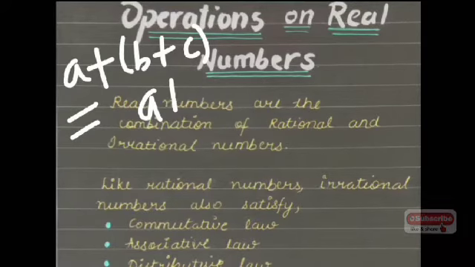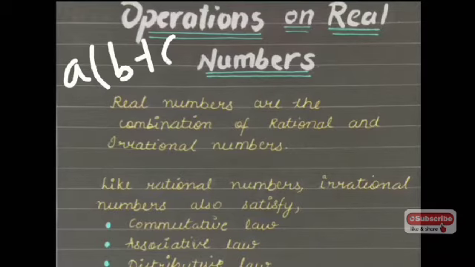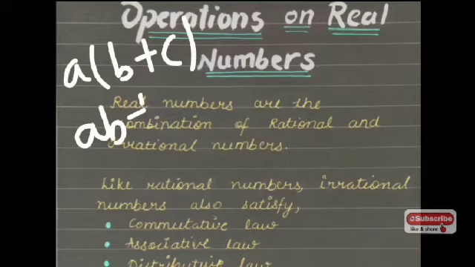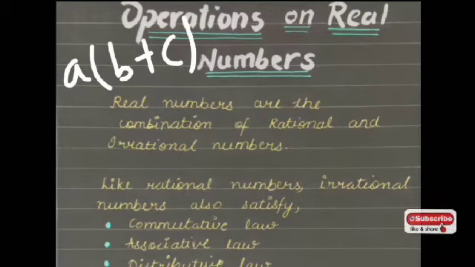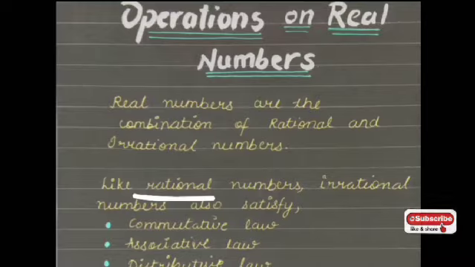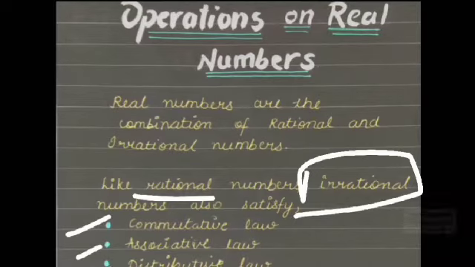And distributive law is a multiplied by b plus c must be equal to a into b plus a into c. These are the laws already satisfied by rational numbers. Here we are going to learn that irrational numbers also satisfy all these three laws.